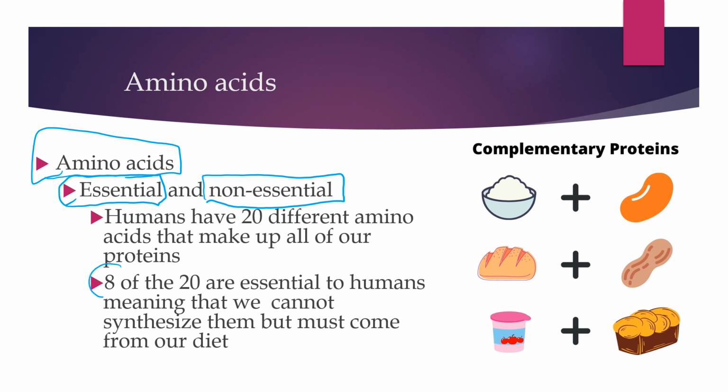Eight of the 20 are essential that we have to have in our diet. So we have to eat proteins that provide those 8 essential amino acids, because we don't have the ability to make them. If we don't have them, we can't make our body proteins, so that would cause malfunctions in our body and protein deficiency. So you have to have those 8.